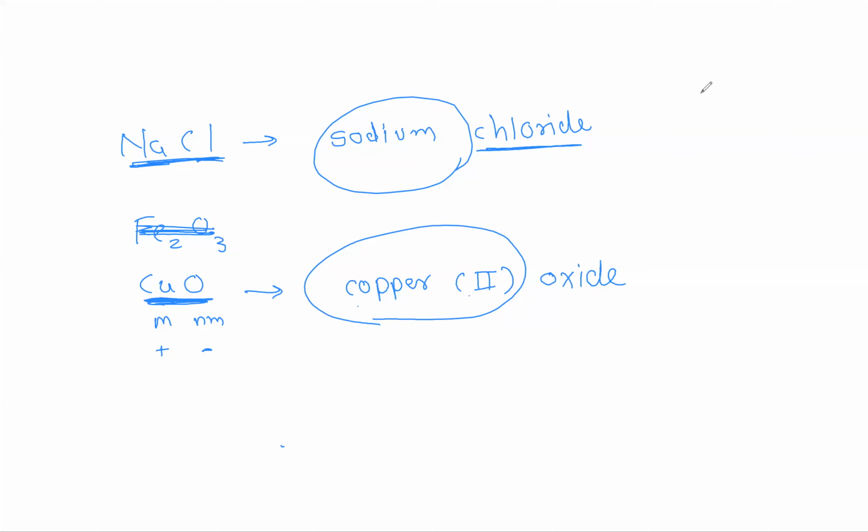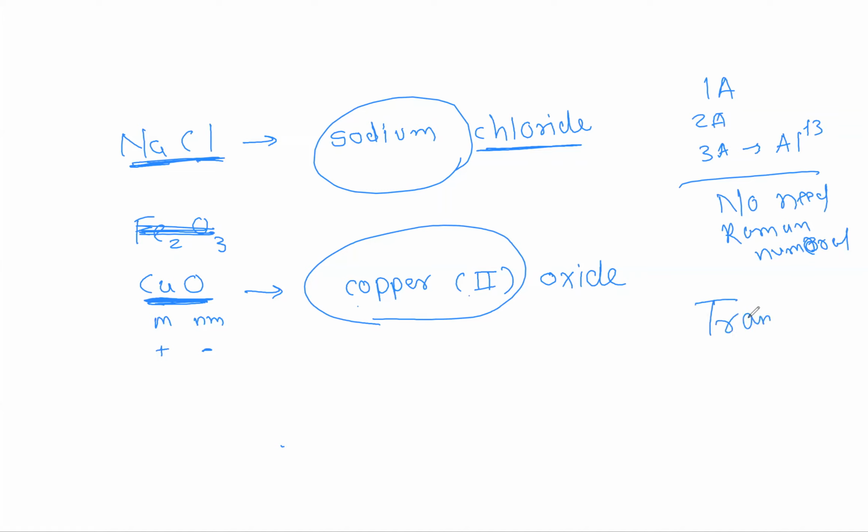So for all the elements in group 1A, 2A, and 3A, especially aluminum, you do not have to write a Roman numeral. If and only if it is a transition element, then you have to write a Roman numeral. Make sense?